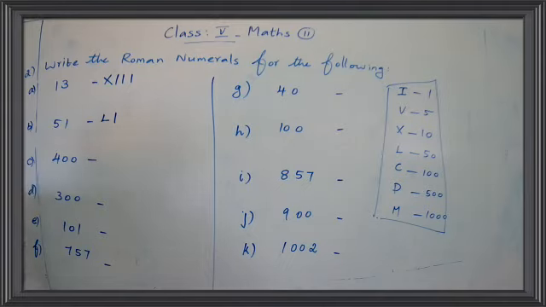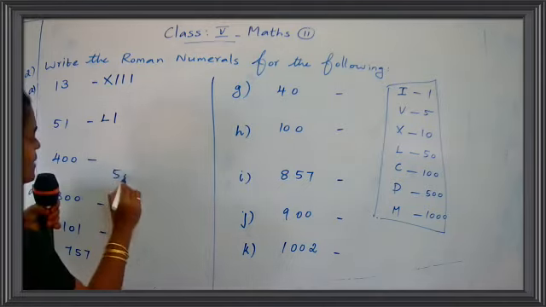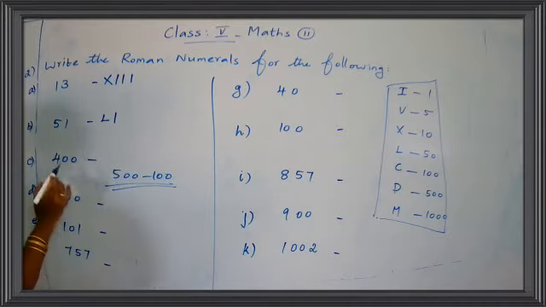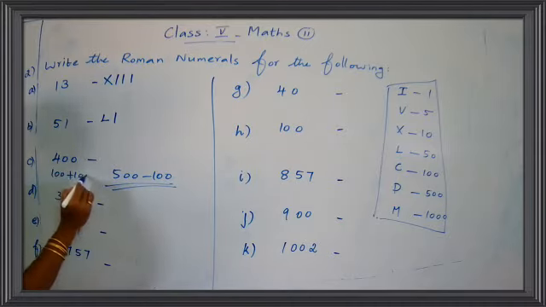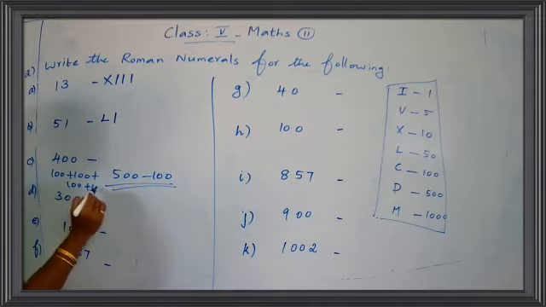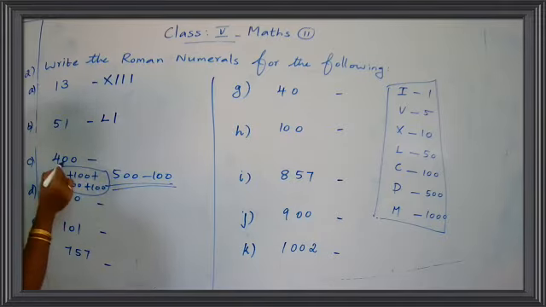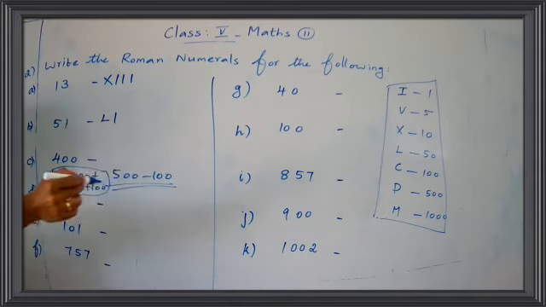400 can be written as 500 minus 100. Yes, children. How can we write 400? We can write 500 minus 100, because we should not write 400 as 100 plus 100 plus 100 plus 100. Why not? 100 is C. C is never repeated more than 3 times.